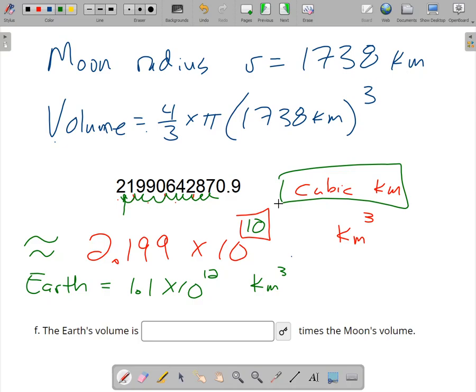The Earth is blank times the moon. The Earth is bigger, true? Yeah. This is 10 to the 12th power. That's 10 to the 10th power. So it's not quite 100 times bigger because this is a 2 and that's a 1. So I would like you to whip out your calculator and see if you can take these two numbers and come up with an answer for that question.